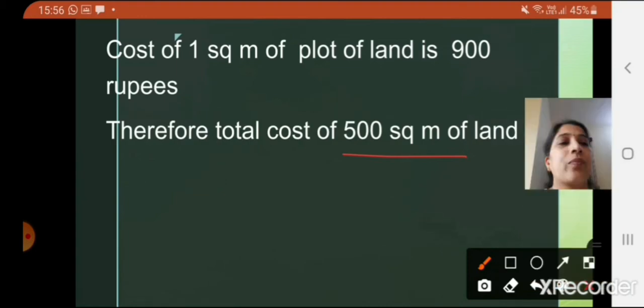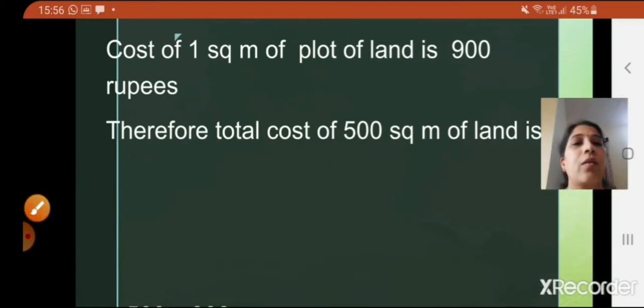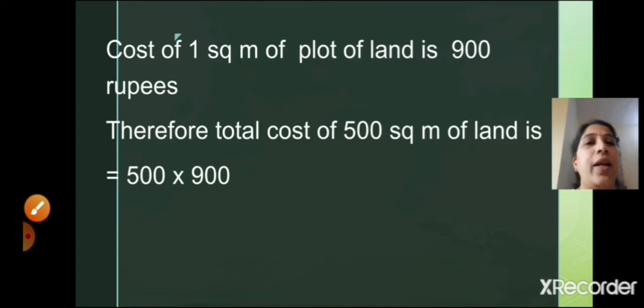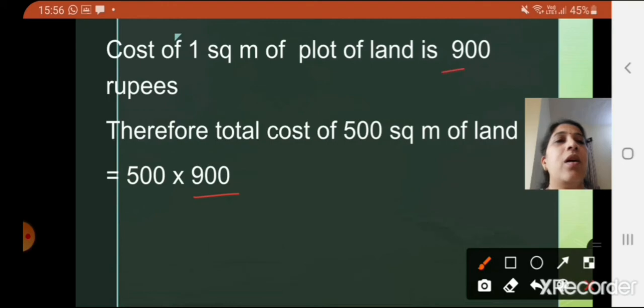So 500 into 900. Now this 900 is the cost of 1 square meter of land. So 500 into 900. So what is 9 fives? 9 fives are 45, right? And how many zeros are there? Here there are 2 zeros and here there are 2 zeros. So 4 zeros. So we will write 4 zeros, right? Now how much answer you got?